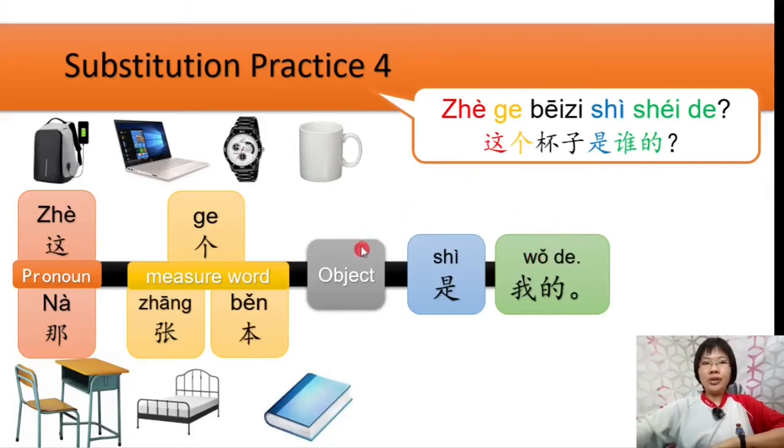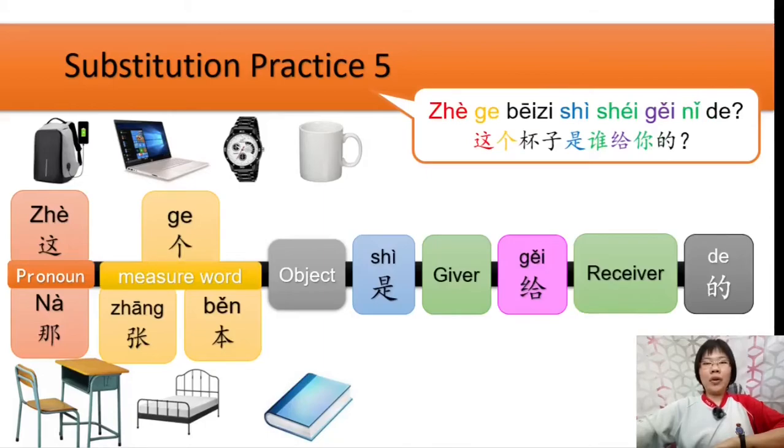You can always replace the object and the possessive pronouns to form the sentence that you want. Example, that bag belongs to me. 那个书包是我的。Let's give more information to this sentence.